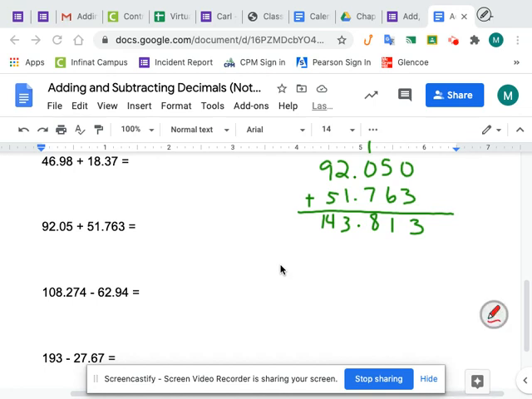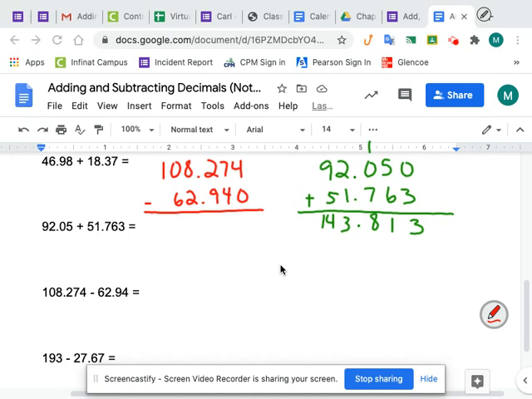For subtraction, remember, we're always going to make sure that the largest number is on top, and lining up my decimal point. I'm missing a place value, so I will put in that 0.